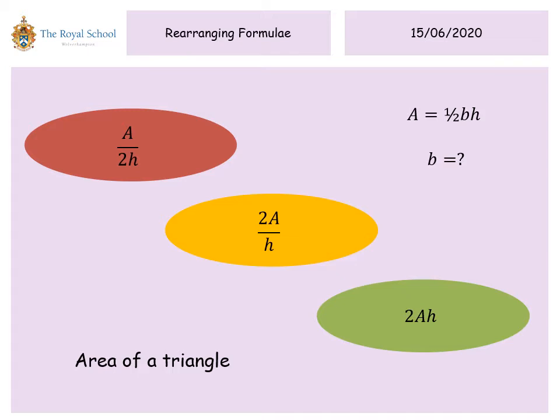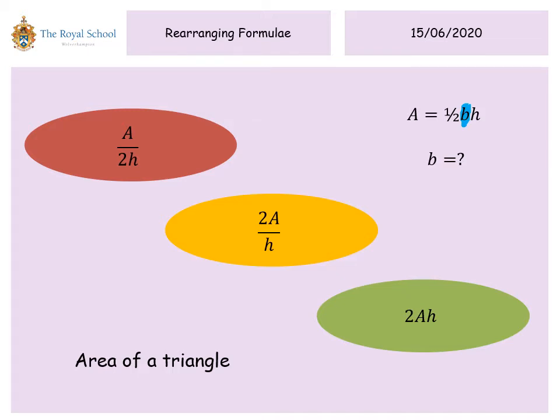So for this formula, if you want b to be the subject, you can see that it has been multiplied by a half and it has been multiplied by h. So we need to undo those two things. So we actually need to divide by a half and divide by h on both sides of the equation. So that would be A divided by a half and divided by h.